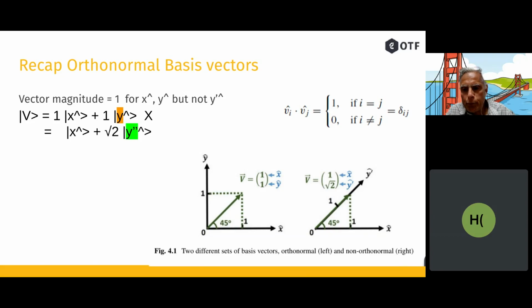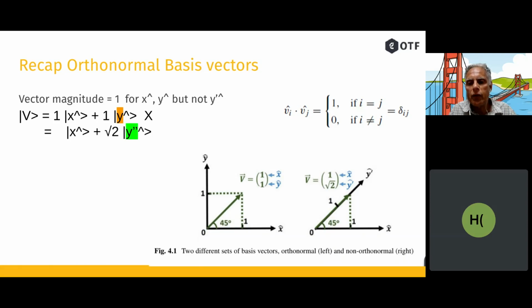X cap and y prime cap, the two directions of the vector, are at 45 degrees and not at 90 degrees, which is what is expected if they have to be orthogonal. And not only that, they are not unity, therefore they are not orthonormal.